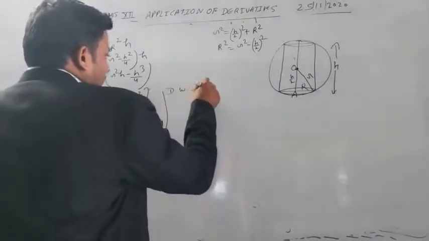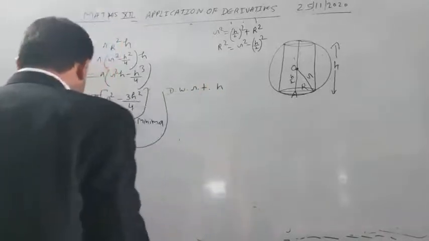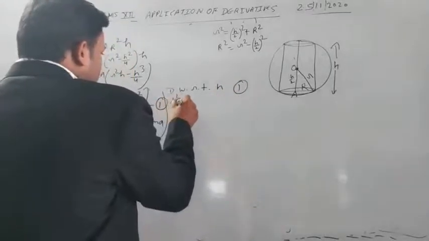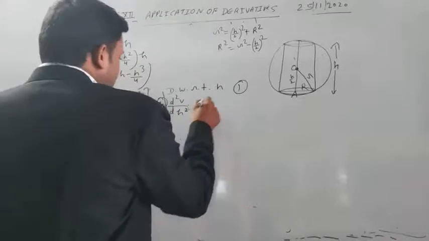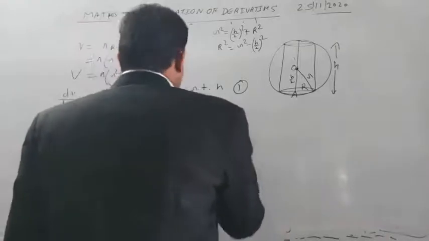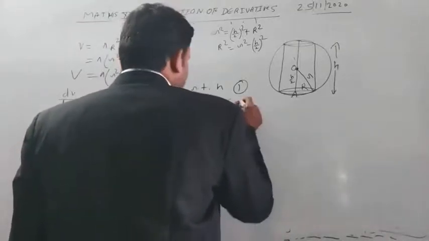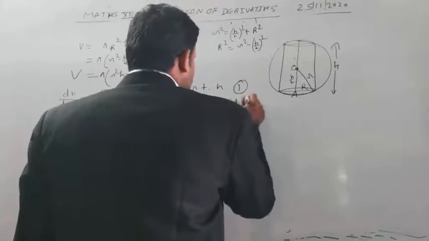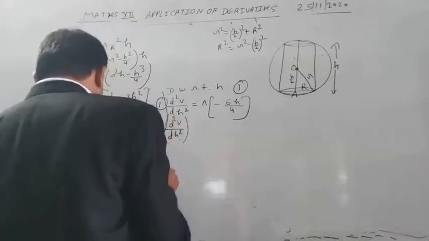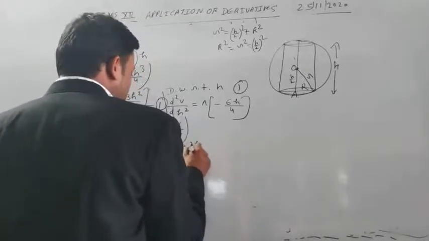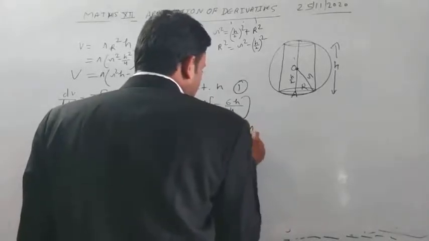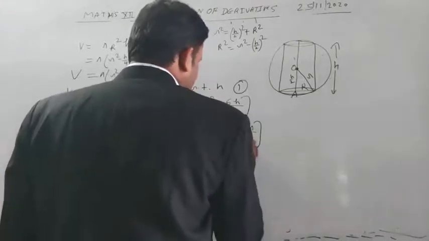Differentiating equation 1 with respect to h again, we get d2V by dh2 equal to pi times (minus 6h by 4). So d2V by dh2 at the point h equal to 2r by root 3 is pi times minus 6 into 2r by root 3 over 4.